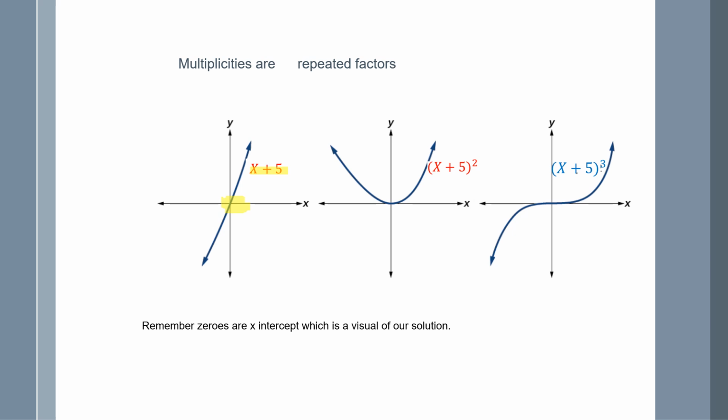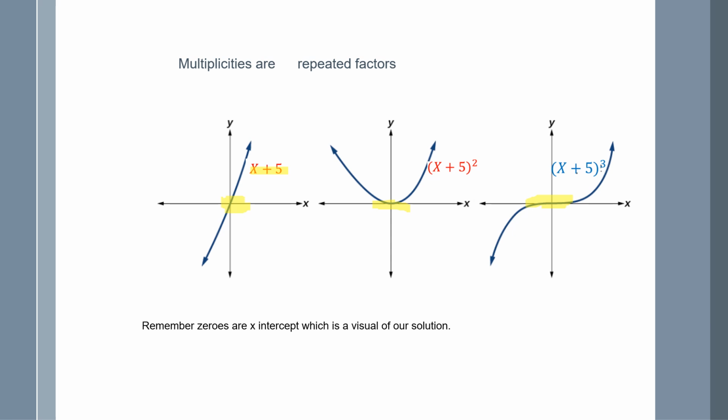But if it's two repeated factors, it's just going to touch the x-axis and bounce. If it's three, which is the largest number you have to worry about graphically, that's when it lies flat. You see how it plateaus for a little bit before it rises or falls? That's when you have a multiplicity of 3.